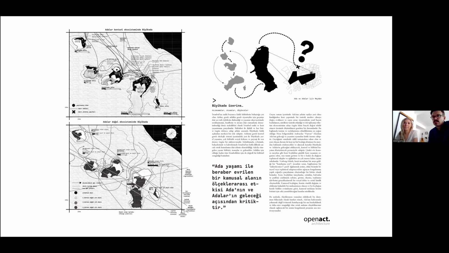So it brings a loss of identity and a homogenization of the tourism economy, and it changes the pace of the place in a really radical way. So therefore, we thought that any decision that will be taken about the square in Buyukada is not only for Buyukada Island, but for all the other islands.